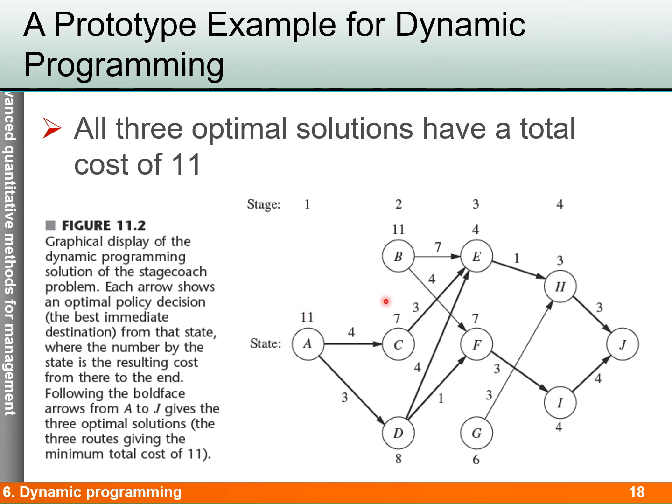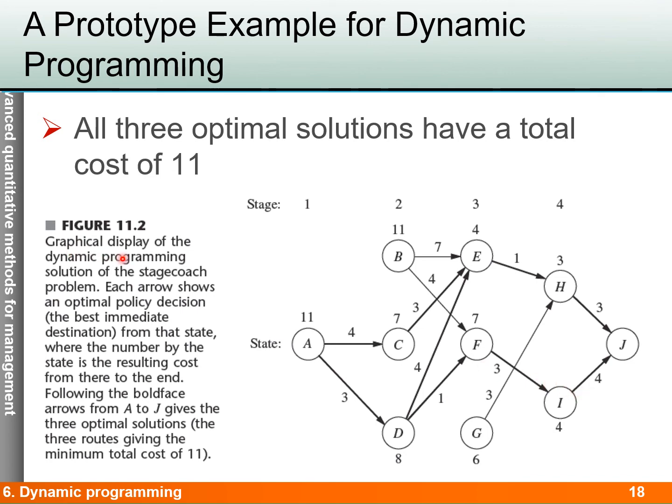And here, if we show these routes, you can see them. 4 plus 3, 7, plus 1, 8, plus 3, 11. This one, 3, 4, 7, 1, 8, plus 3, 11. This line, 3 plus 1, 4, 4 plus 3, 7, plus 4, 11.